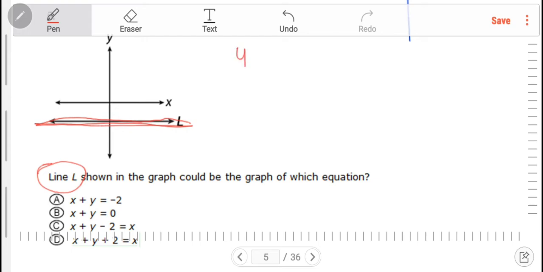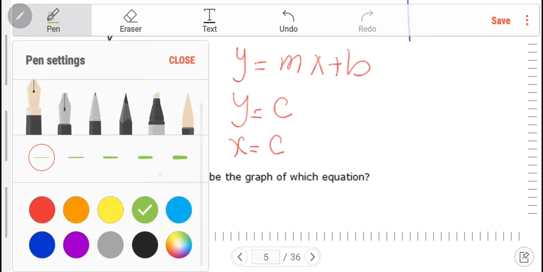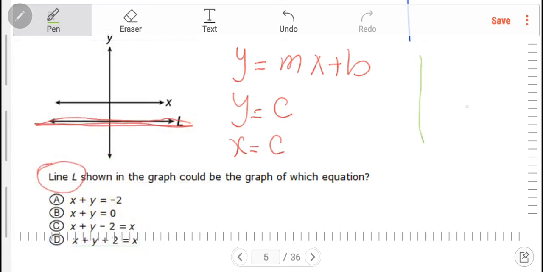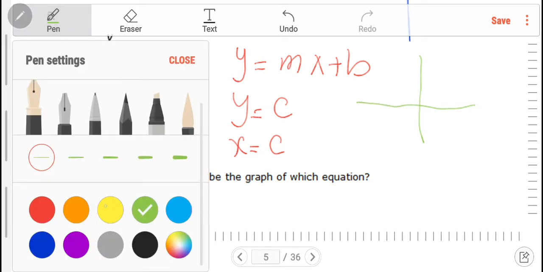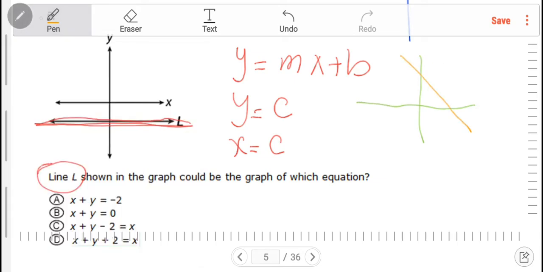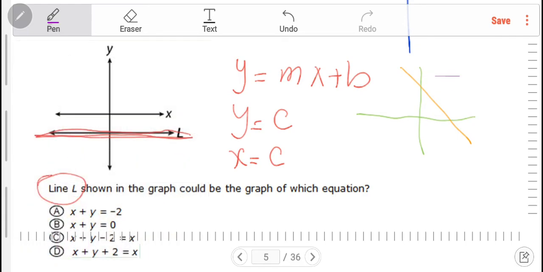You know that we have kinds of lines. The line y equals mx plus b, the line y equals constant, the line x equals constant. What is the difference between them? For the line y equals mx plus b, maybe a line has a positive slope or a line has a negative slope. Here m is positive.